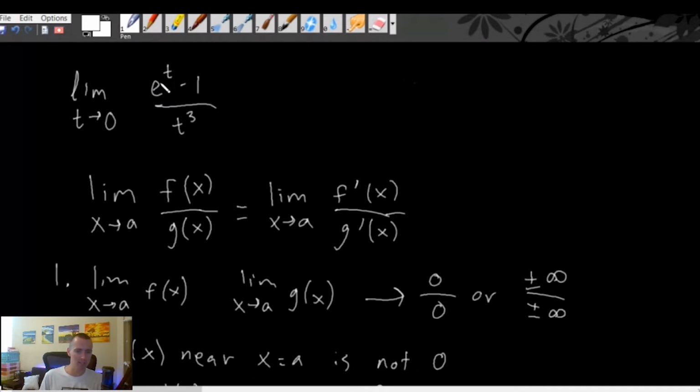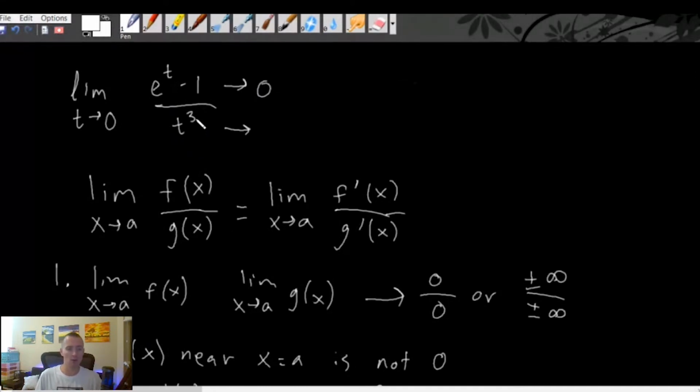Since e to the t is continuous everywhere, as t gets closer and closer to 0, e to the t is going to go to 1. Then if we're subtracting 1 from that, this whole numerator is going to go to 0. On the denominator, as t goes to 0, t cubed is also going to go to 0.